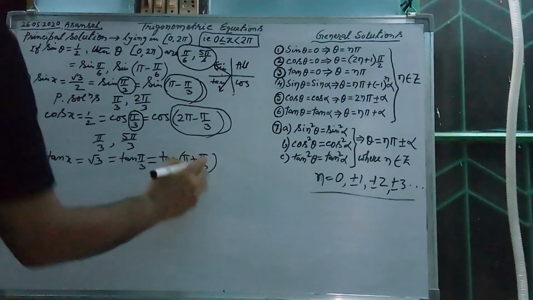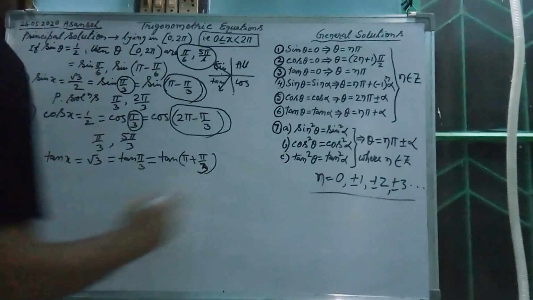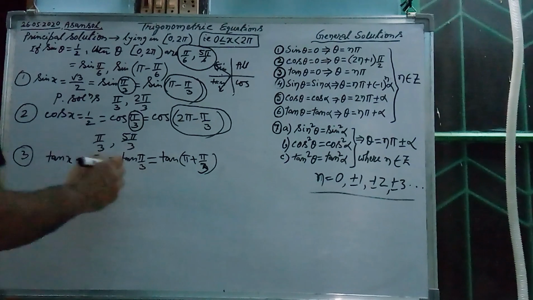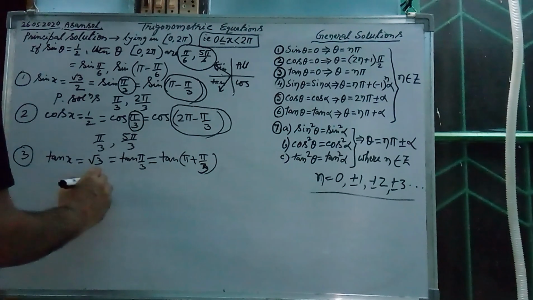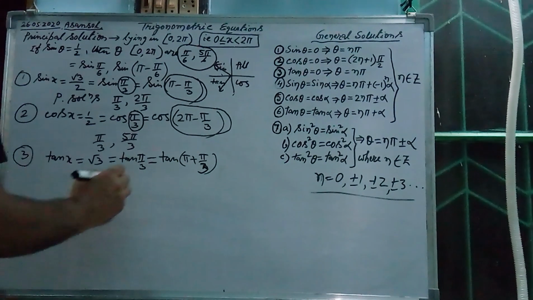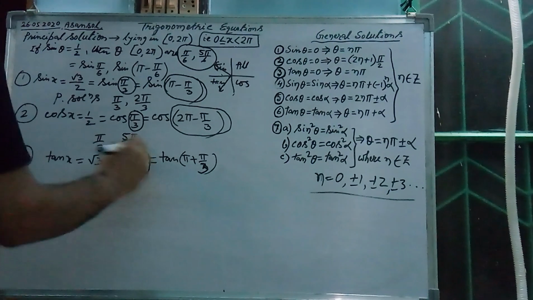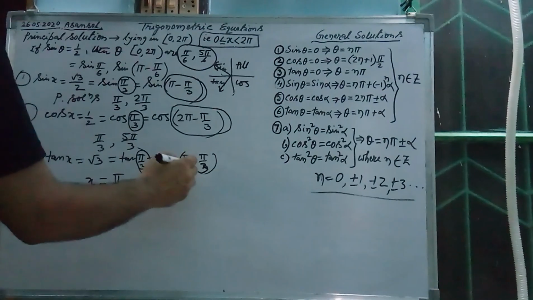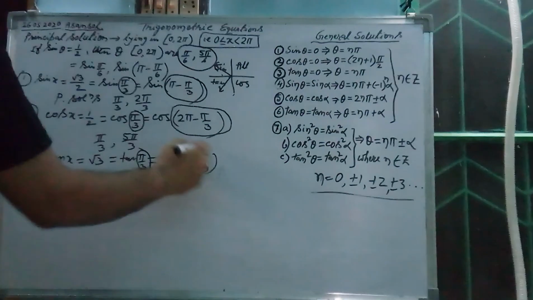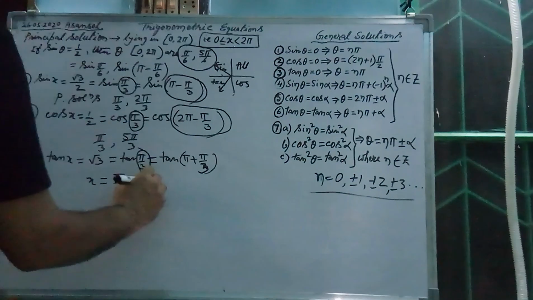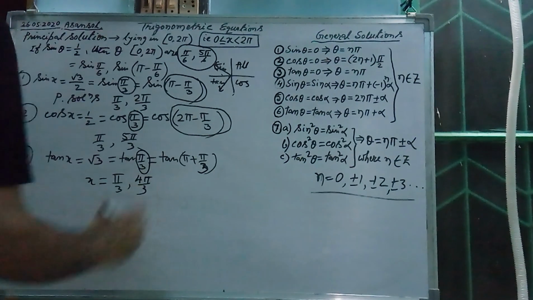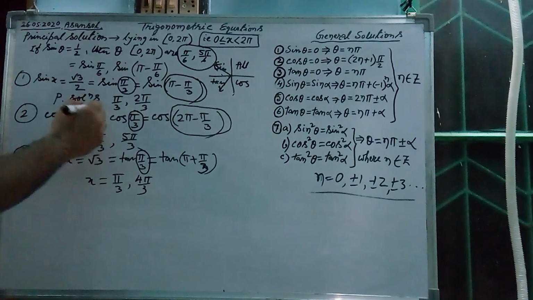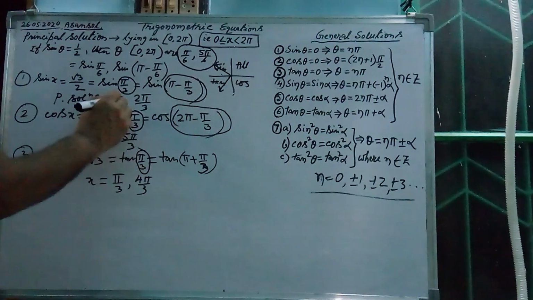So the principal solutions are x equal to pi by 3 and the other one is pi plus pi by 3, that is equal to 4 pi by 3. So these are the principal solutions.